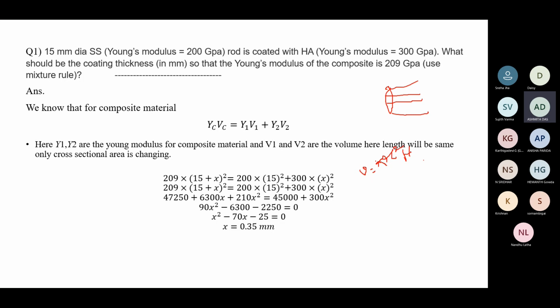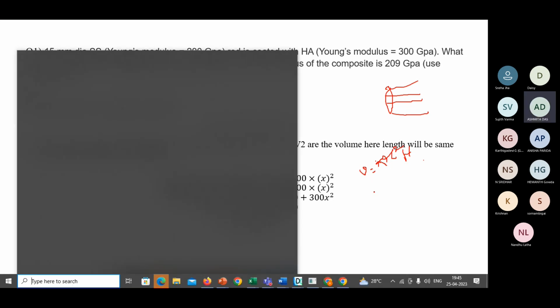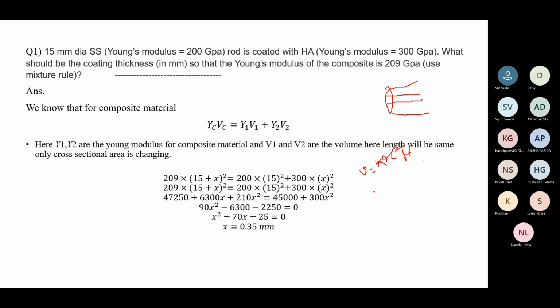If we put the entire formula here, suppose we consider the cross sectional area of the rod, the diameter is 15, which is given, right?